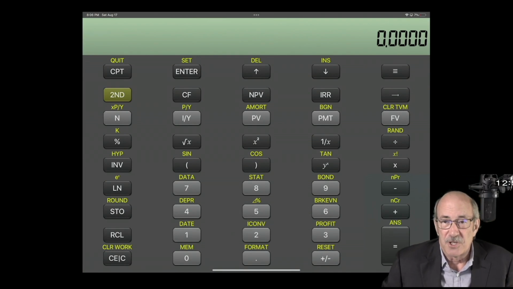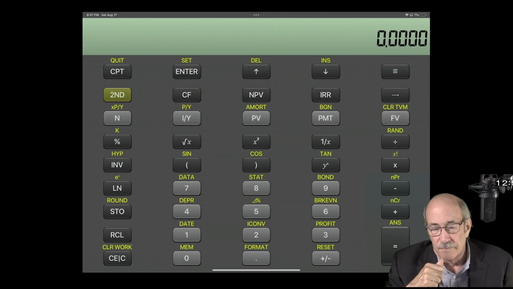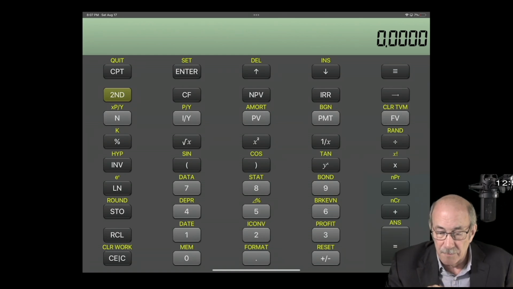Now, I'm just going to use the keys in the third row, the N, I, PV, PMT, and FV keys. So the way we're going to do that is we can think of this as a 3-year annuity that doesn't occur until some point in the future. All right, so we're going to be using that payment key for that annuity.